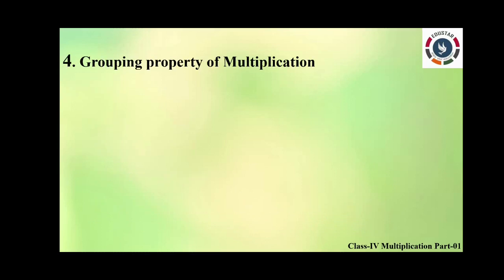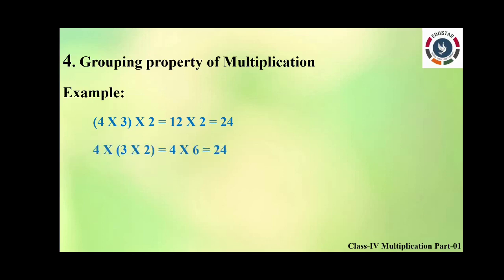Fourth property, grouping property of multiplication. While multiplying more than two numbers, the product remains the same even if we change the grouping of the numbers. Look at this example. Here 4 is grouped with 3. So 4 threes are 12. 12 into 2 is equal to 24.